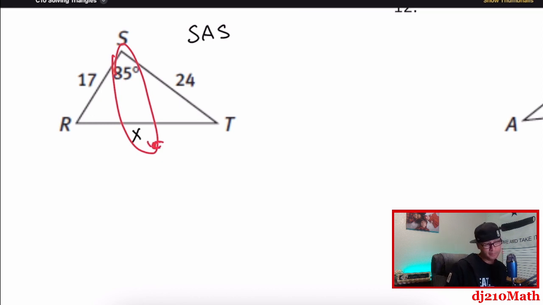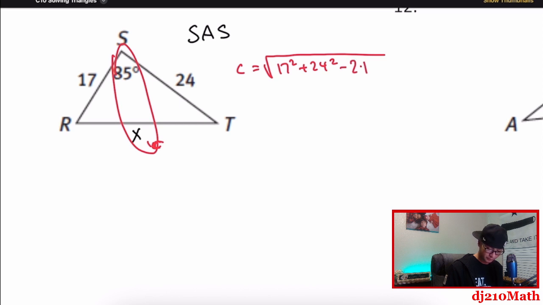So then this is going to be little c squared. So I'm going to take the square root because I know the angle across from it, right? This is going to be 17 squared plus 24 squared minus 2 times 17 times 24 times cosine of 85. Straight to the calculator.